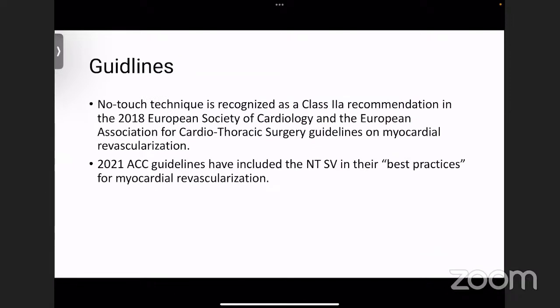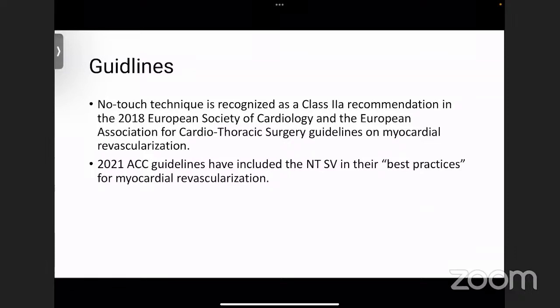And the guidelines are talking about the no-touch technique. The European guidelines have recommended it as class 2A, so that's good. The Swedish have invested a lot in this, maybe that's why they're more lenient in including it.